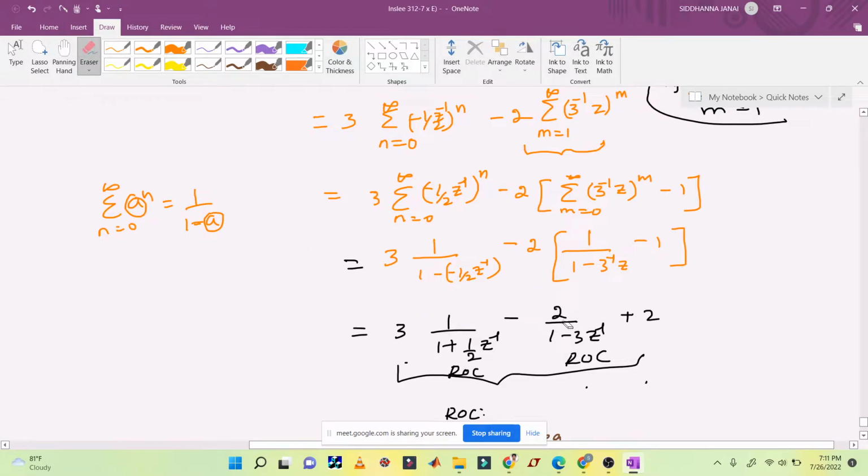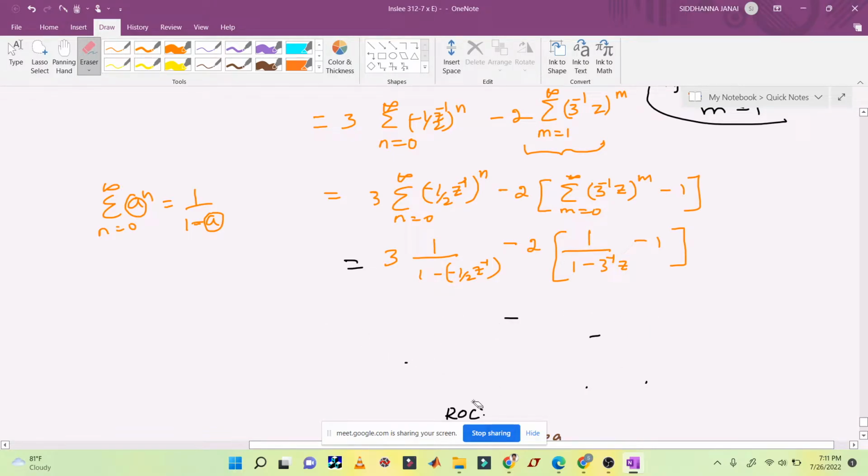Now coming to our ROC. Always when you write the equation the very first time, only then you need to decide what the ROC is. Based on what?